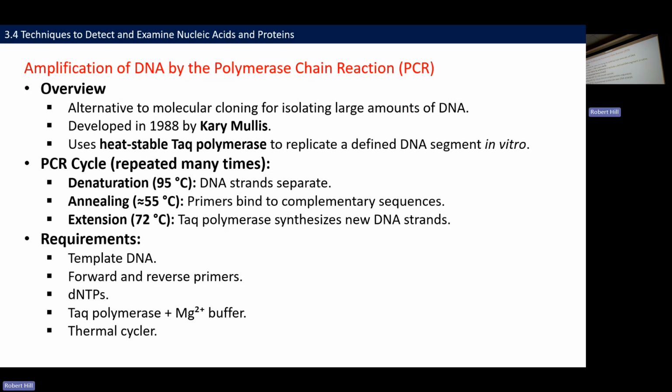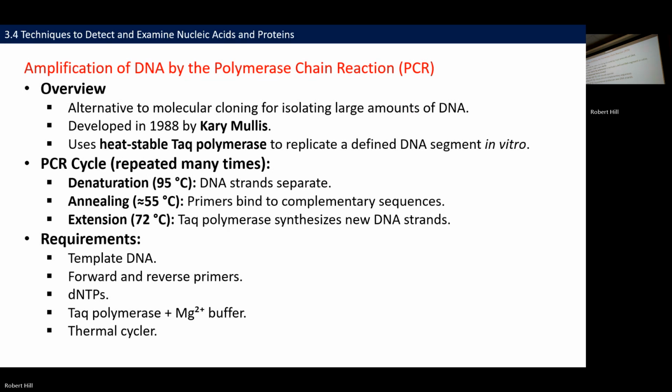We call this an amplicon, which is the region that you're amplifying. All right, primers come in the forward and the reverse. And these oligonucleotides are anywhere from about 15 to 25 base pairs long, and they're complementary to the sequence that flanks the region that you want to amplify.